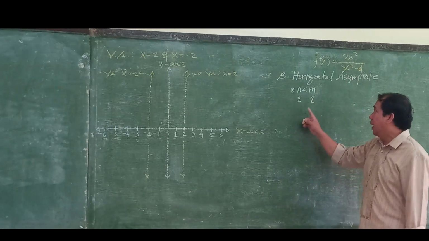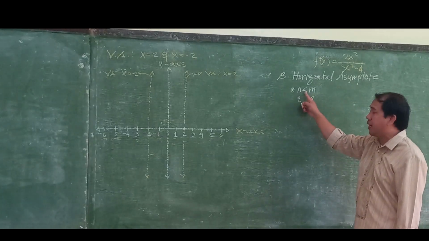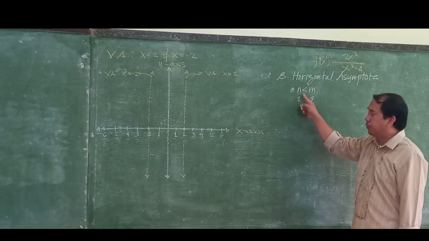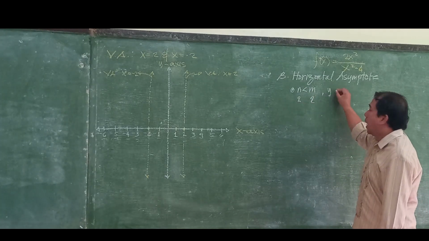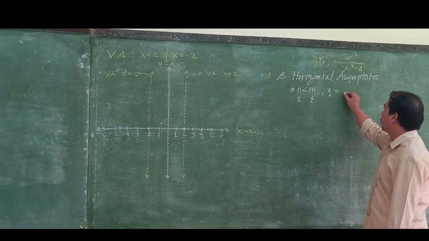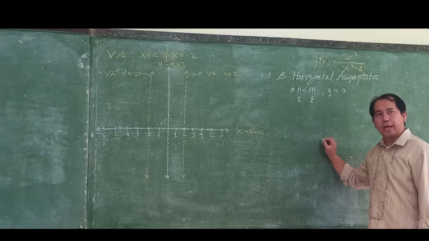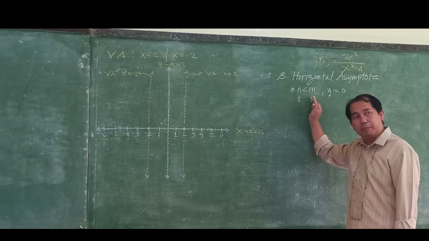They are equal. And so, we cannot make use of the condition that if your n is greater or less than m, your horizontal asymptote is equal to 0. Okay? Now, what is the next condition? It might be applicable to this one.